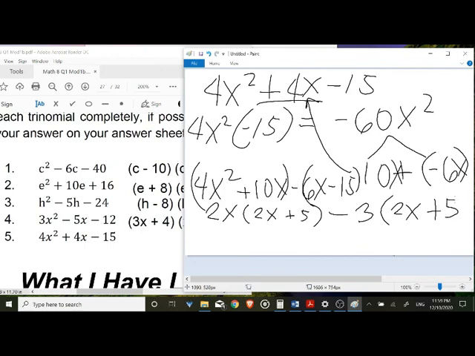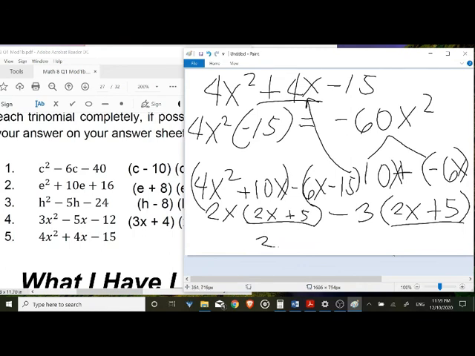Kaya yan, plus. So negative 6x divided by negative 3, so positive 2x. Negative 15 divided by negative 3, that's plus 5. Positive 5. So, common si 2x plus 5 on both terms.